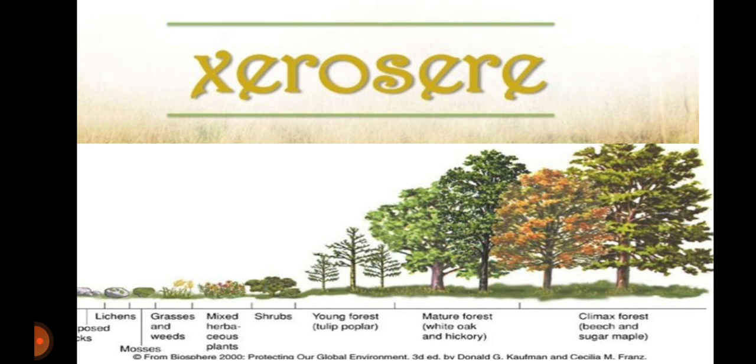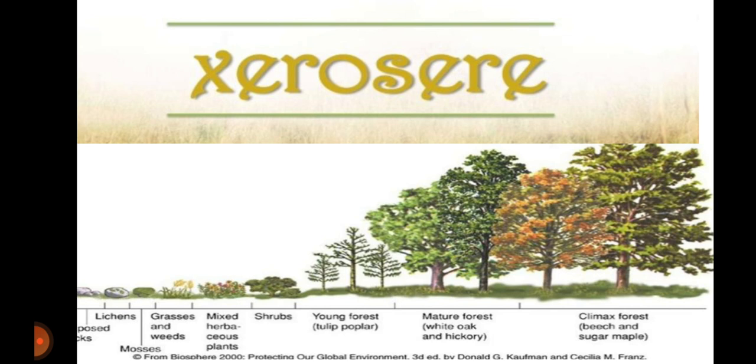In plant succession, various types of succession take place in the environment, such as hydrosere and xerosere. The succession that takes place in xeric or dry habitats, like sand deserts, sand dunes, or rocks, where moisture is present in minimal amounts, is known as xerosere.